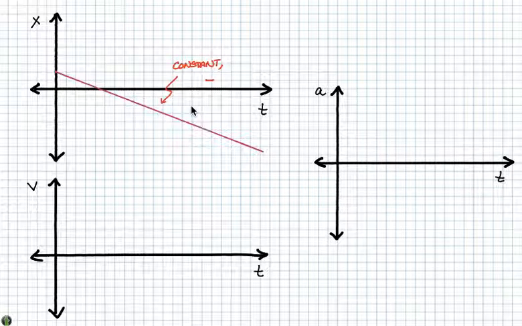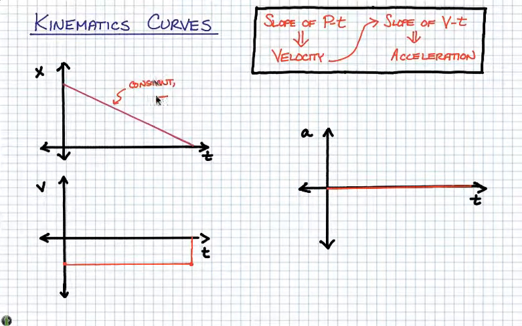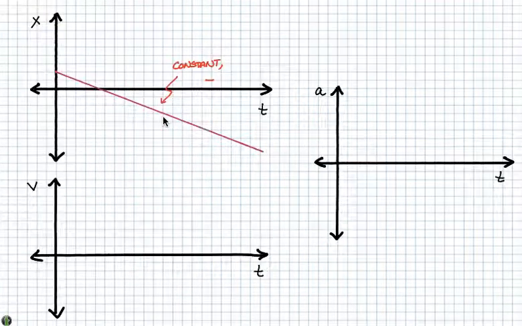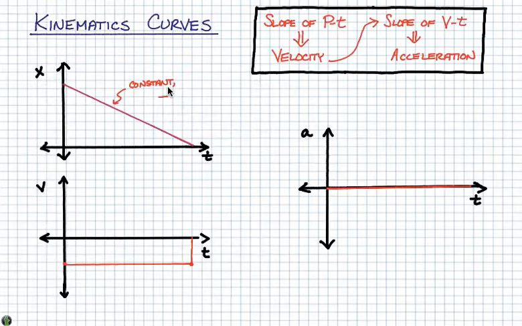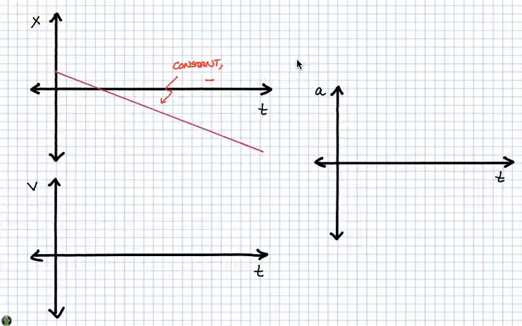This should probably ring a bell from our previous problem. We had a constant negative slope in problem 1, and we still have a constant negative slope. What does the slope of a position time graph give us? It gives us the velocity. So once again, we should have constant negative velocity on our velocity time graph.